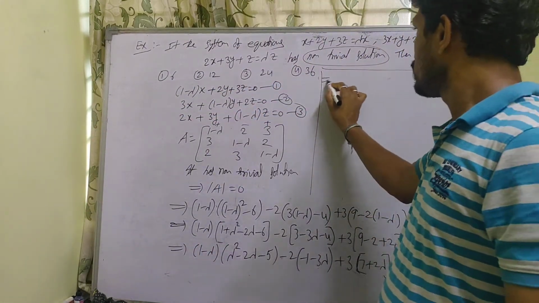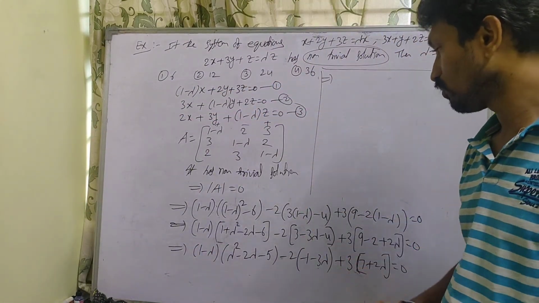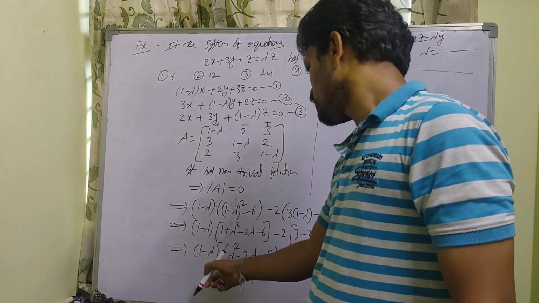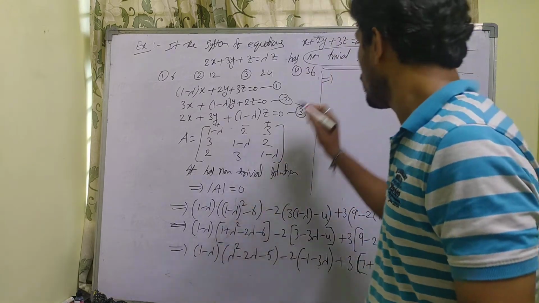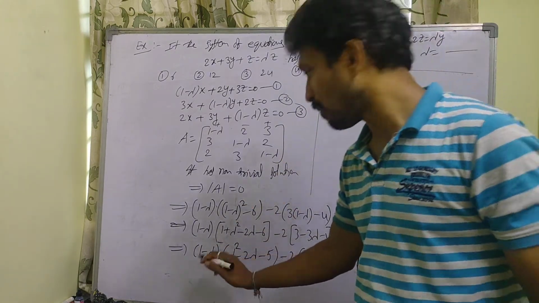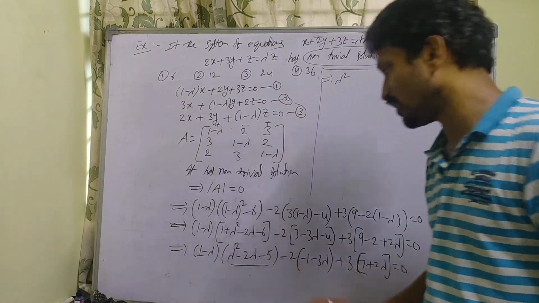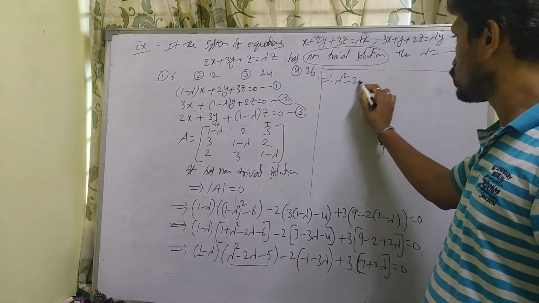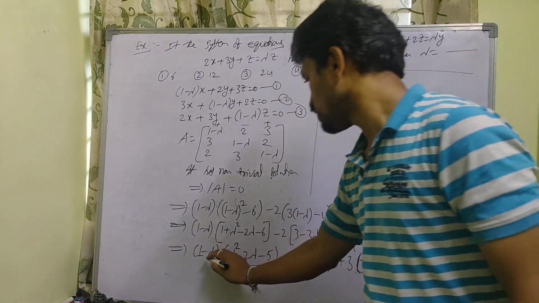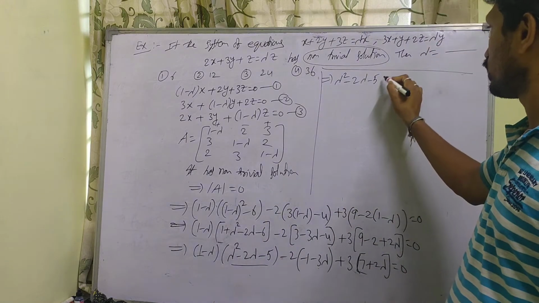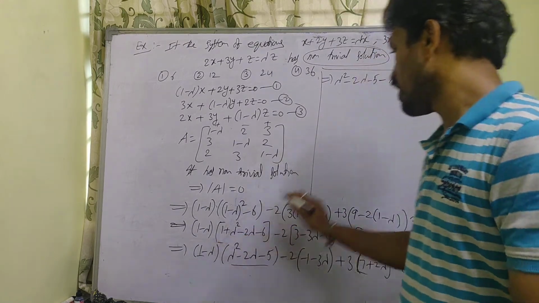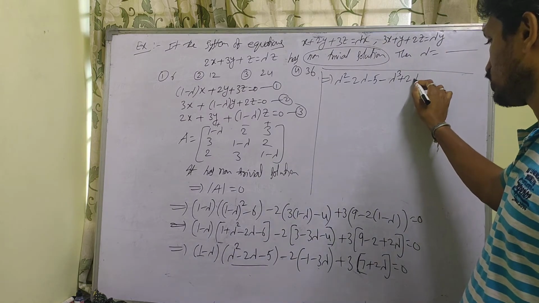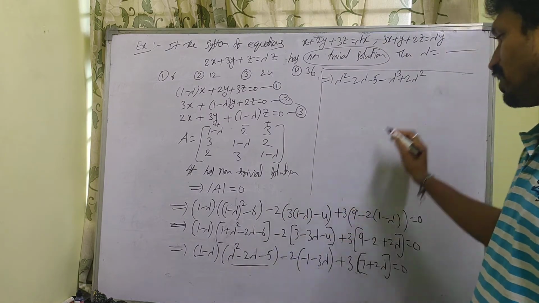See, this implies (1 minus lambda) into (lambda square minus 2 lambda minus 5). So 1 into lambda square, by the distributive property, first multiply this one with all these 3 terms: lambda square minus 2 lambda minus 5. Next multiply minus lambda into lambda square: minus lambda cube, minus into minus plus 2 lambda square, minus into minus plus 5 lambda.